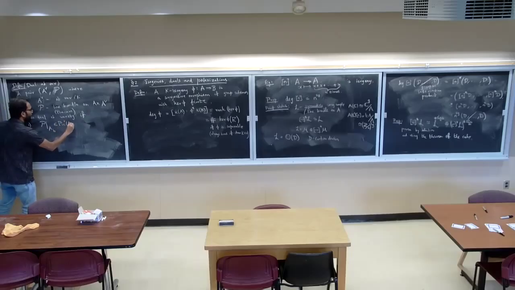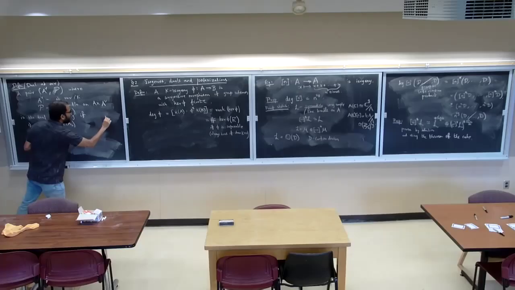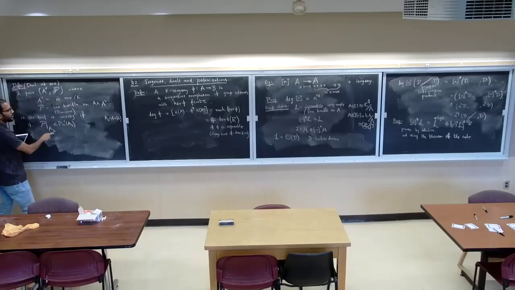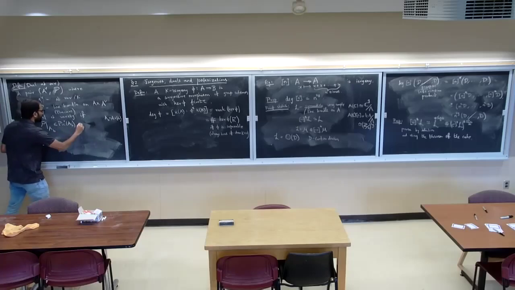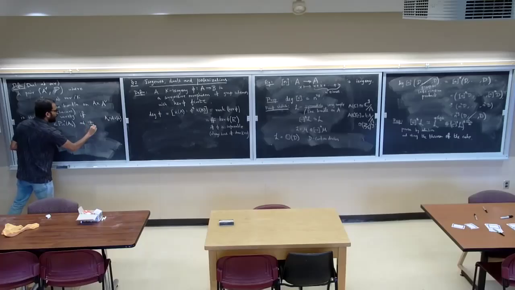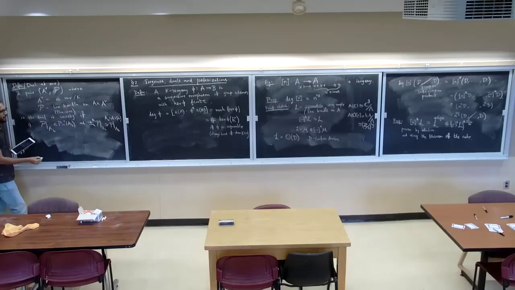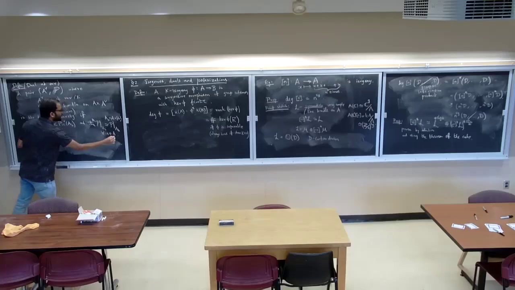So if you take your line bundle and you restrict it to this fiber, you should get a line bundle that lies in Pic naught, and it should be invariant under translation for all a in A. Okay.